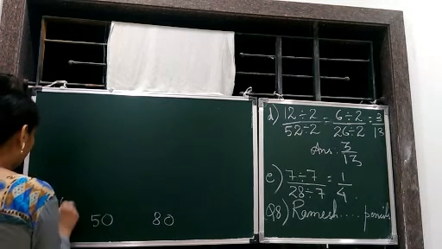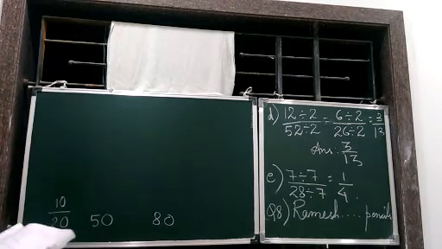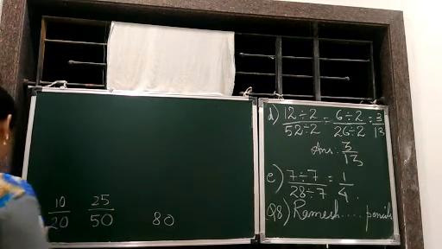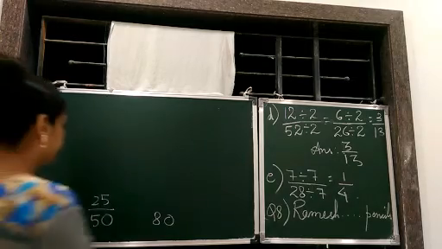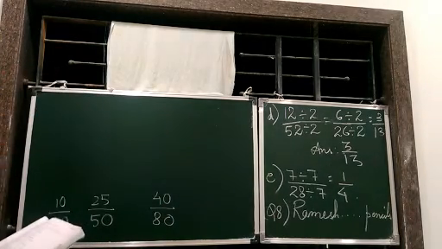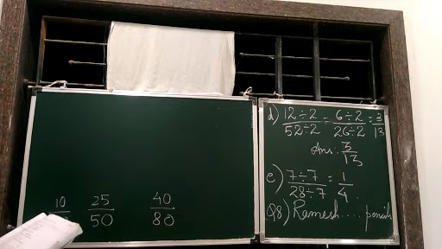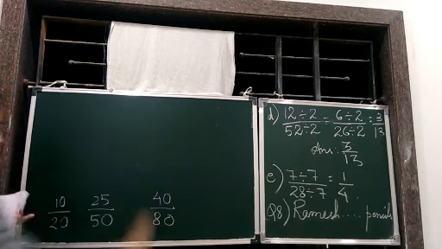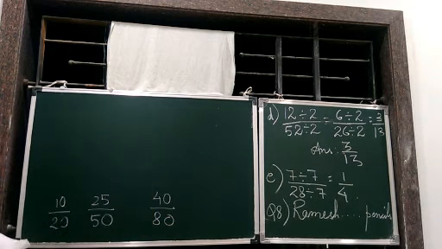So after 4 months, Ramesh used 10 out of 20. Sheelu used 25 out of 50. And Jamal used 40 out of 80 pencils. What fractions did they use up? Here, I have already made the fraction. This is the fraction which they used up. Okay.